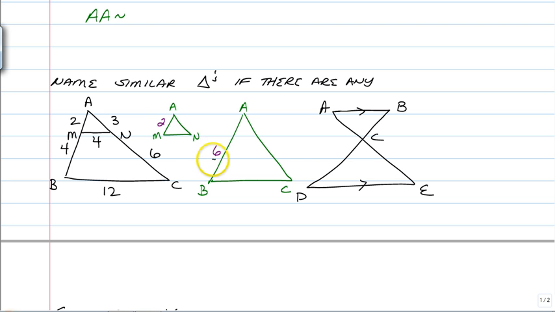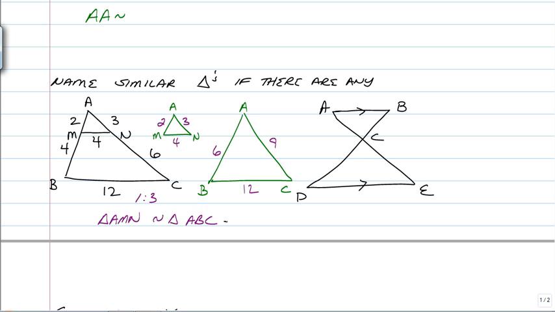So we're going to have a 1 to 3 ratio. And the bottom is 4, and this is 12. 4 over 12 is definitely going to be 1 to 3. And then finally we have 3 and 9. So yes, they are going to be similar. Their ratio is going to be 1 to 3, and the names is triangle AMN is similar to triangle ABC.